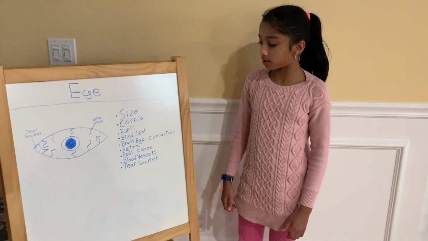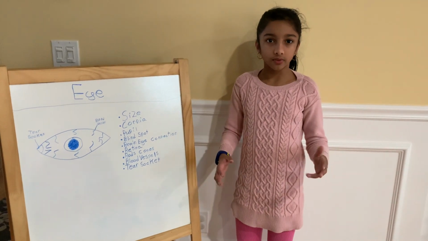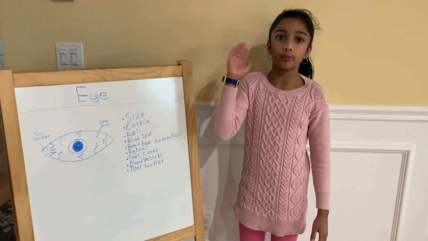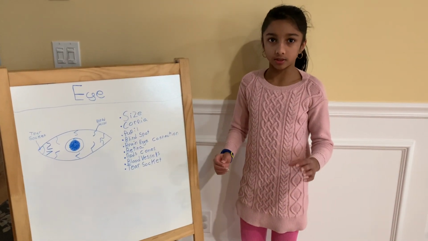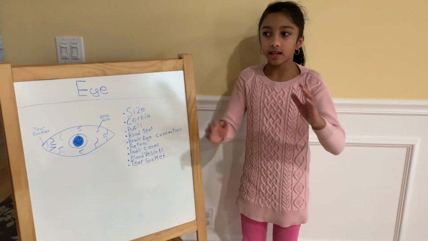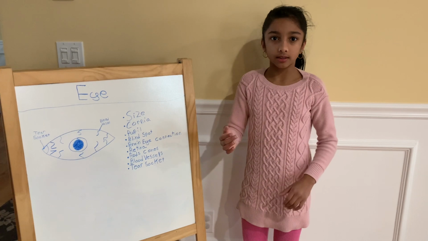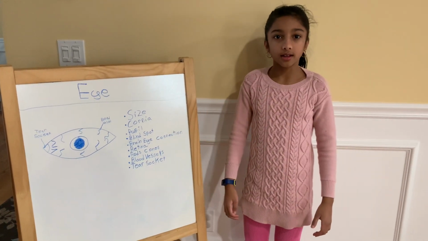Next point is the brain and eye connection. We have different nerves going from the brain to different body parts and coming back. In the same way, the eye and the brain have that nerve system too. Everything that the eye sees, like a plant outdoors, we see it with our eyes.